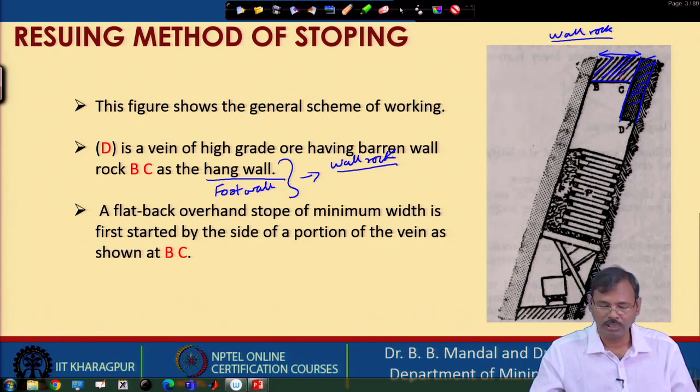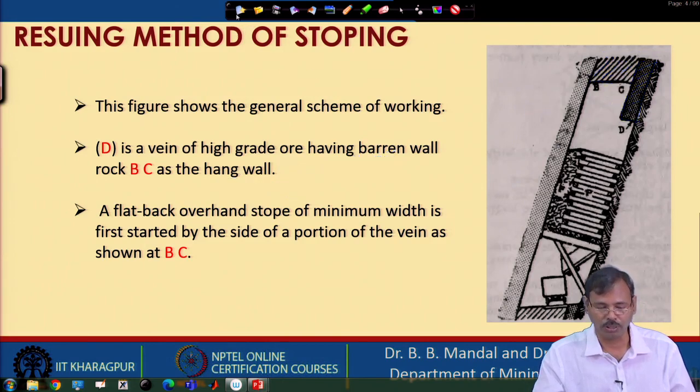So, there are basically two faces, one face in the wall rock and one face in the ore body, moving simultaneously, and they have a little bit of distance lag. So, the wall rock face, or whichever is on the hang wall side, that face is a little bit ahead of the other one.